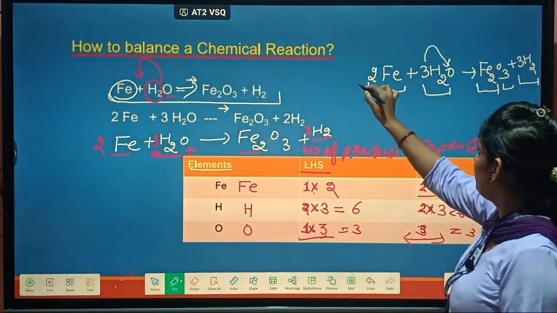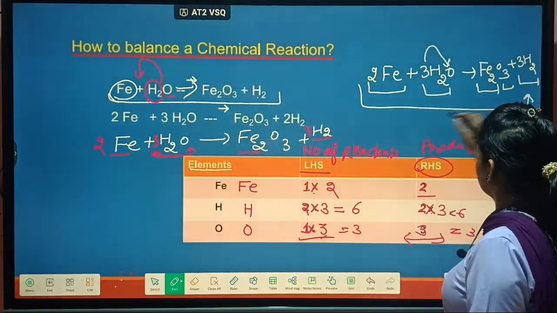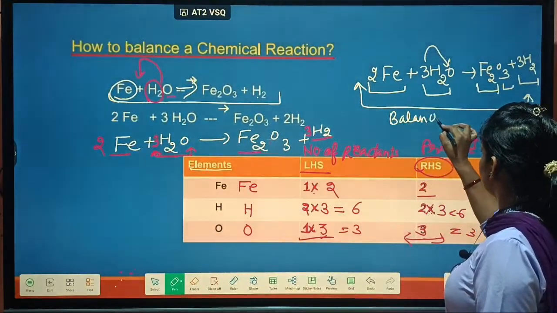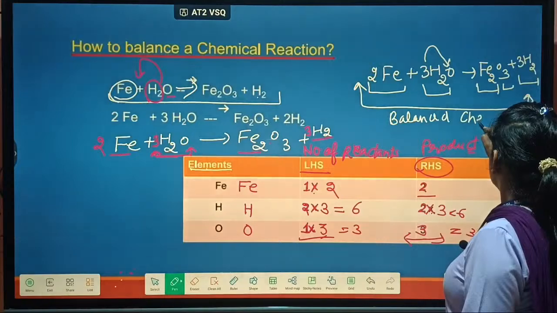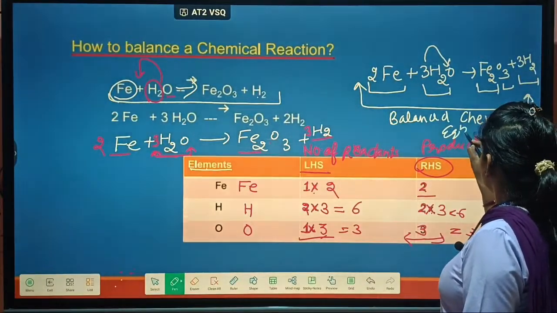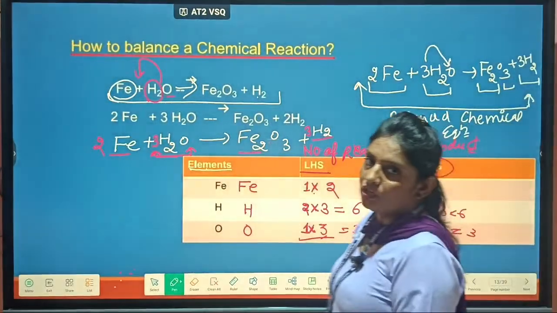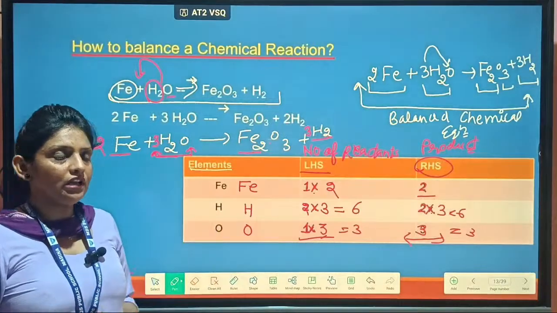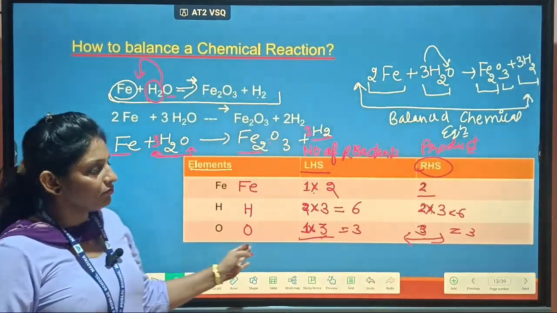So students, now it is a balanced chemical equation.